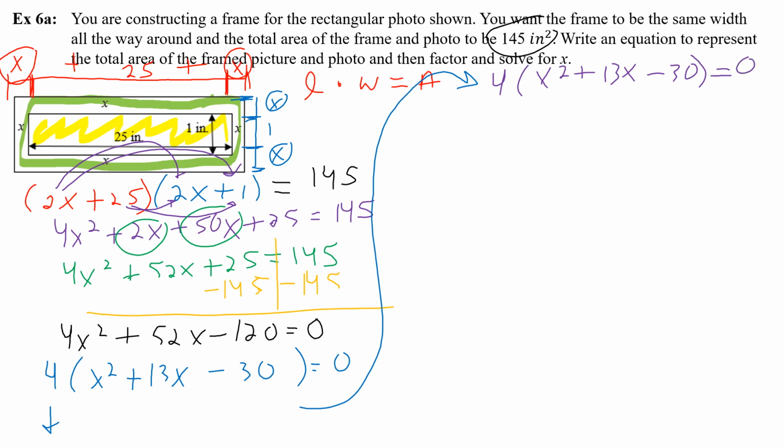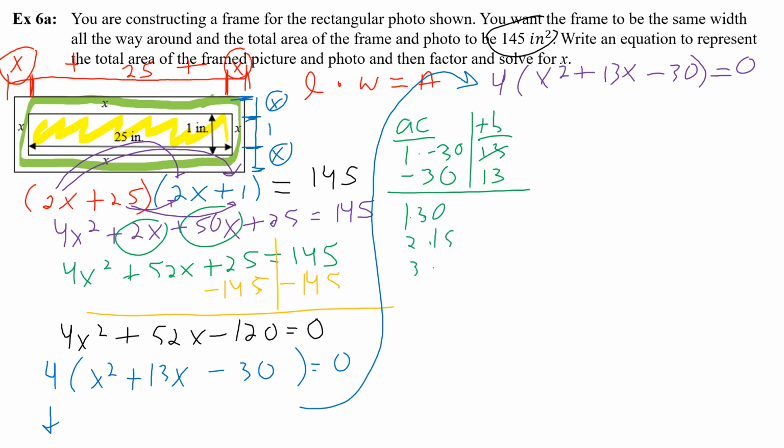Now we want numbers that multiply to give me AC, A being 1, C being negative 30, and when I add them, give me B, which is positive 13. 1 times negative 30 is just negative 30, and B is positive 13. So factors of 30 include 1 and 30, 2 and 15, 3 and 10, not 4, 5 and 6, and I believe those are all of them.